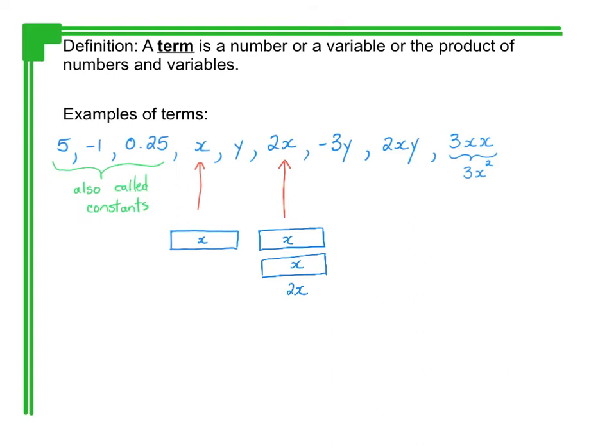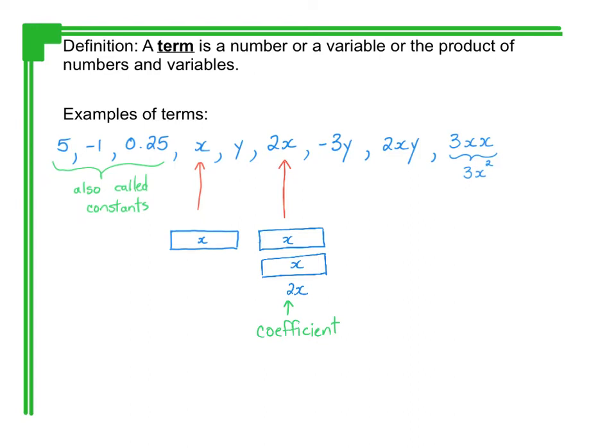So that number 2, yes, it means 2 times x, but it also tells us how many x's there are. Okay? And there's a name for the number in front of a variable. It's called the coefficient. It tells us how many x's are in that expression.